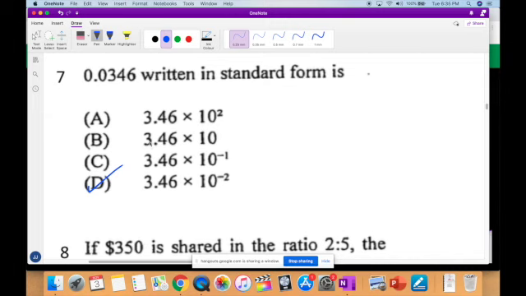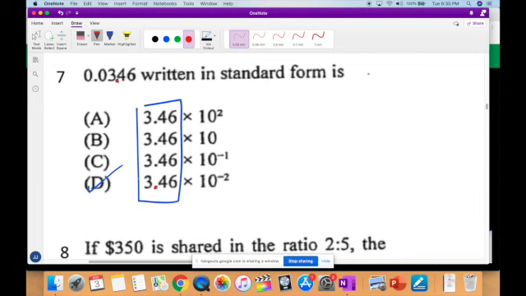Yes. So remember, all of this is what we want in standard form. In standard form, we want a number between 1 and 10. So it's not like you're going to put 0.3 or 34.6. No, it has to be 3.46. And if you have 3.46 and you want to get back to this as your answer, what do you have to do?